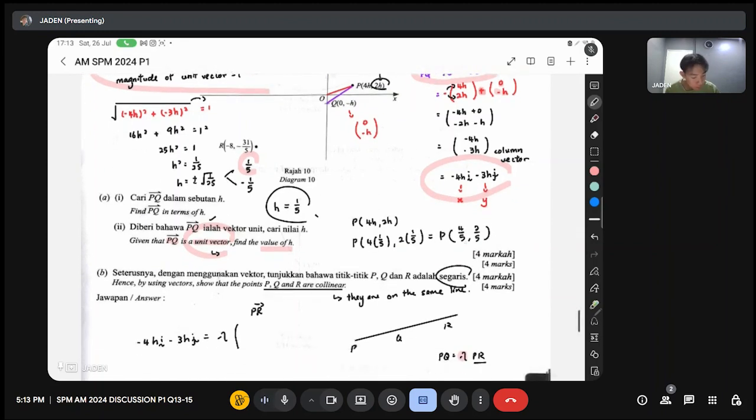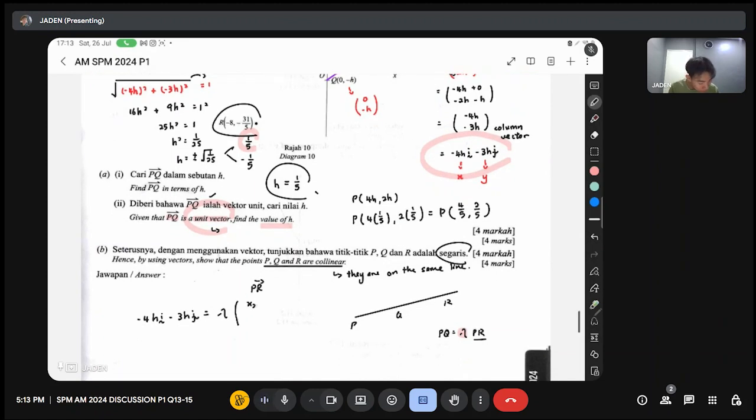Now we have P. Then we have R as well. To get your PR, you can do it this way: X2 minus X1, and Y2 minus Y1. You will get the actual PR vector using this method. So lambda times X2 minus X1. Now, X2 and Y2 must be specifically the one at the back, which is the R letter, so R's information must come first.